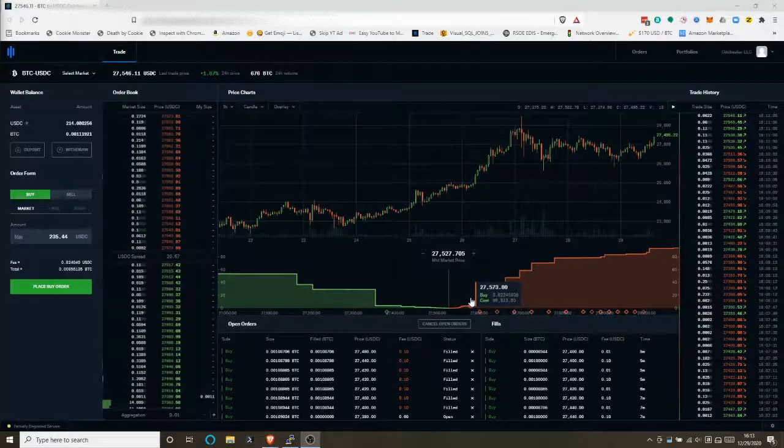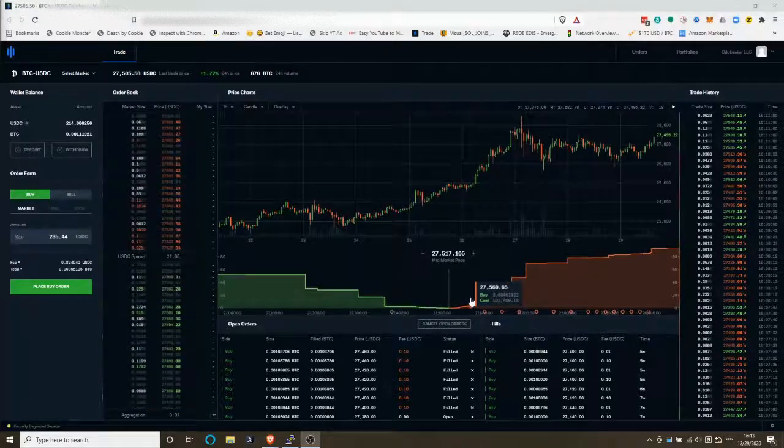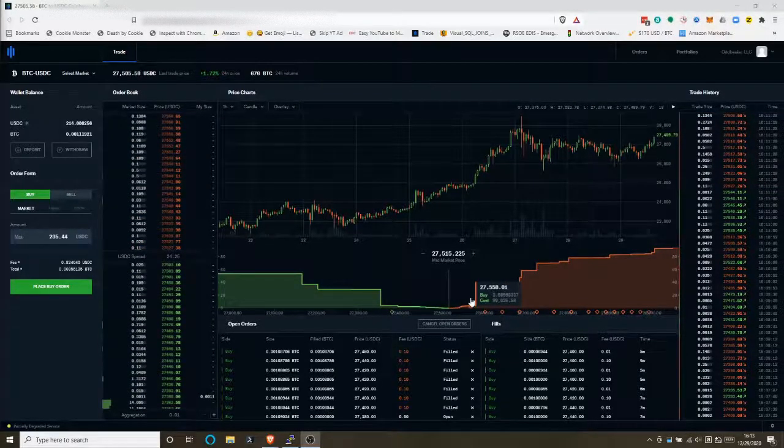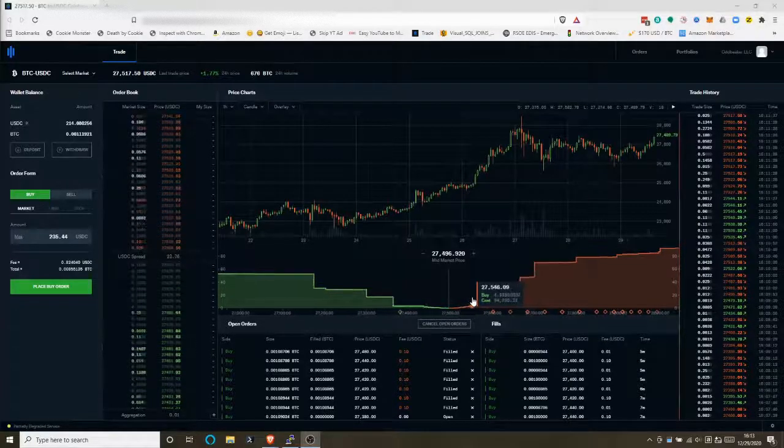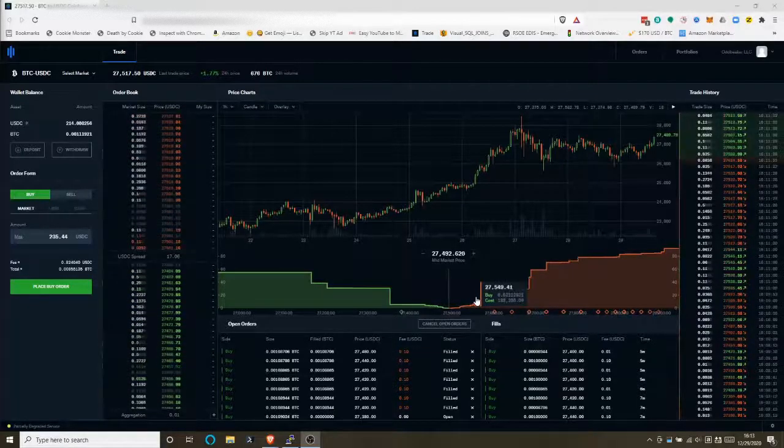Basically, that number where it says buy tells me how many Bitcoin I need to buy in order to move the price to that, and how much money it would cost me to do that is the cost. So the price right now is 27.515. If I want to move the price by $40, I just need to buy 3 Bitcoin. I'll move the price by $40 with a 3 Bitcoin purchase. That's how low the liquidity is in this market.